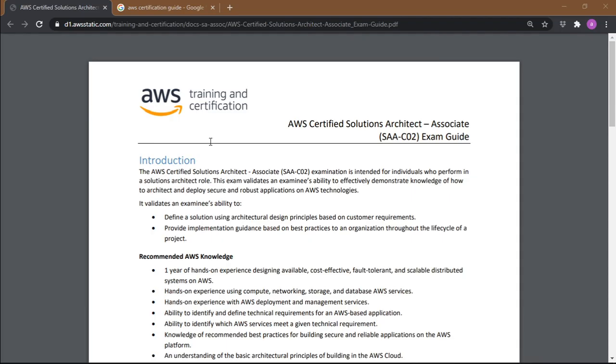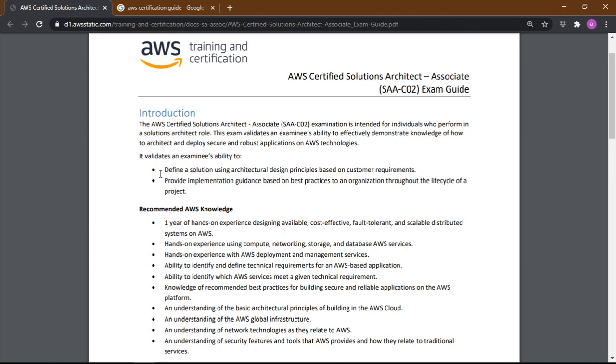So I'll go straight back to the official certification exam guide, and it clearly says that for you to pass this examination, you must be able to define a solution using architectural design principles based on custom requirements. There can be so many requirements based upon so many different solutions.